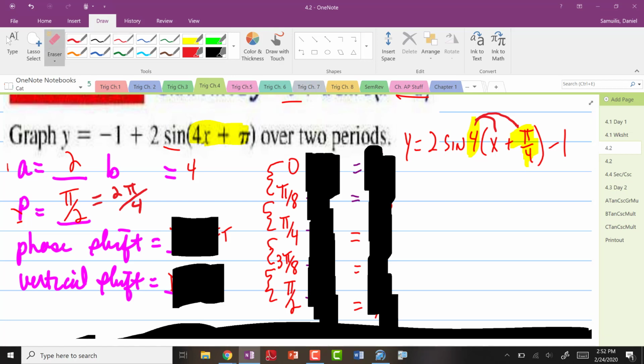The phase shift is in action. We got a pi over 4 left. If you know anything about fractions, pi over 4 is half of the period. Look at what's half of pi over 2? Pi over 4. So this is a really good phase shift.